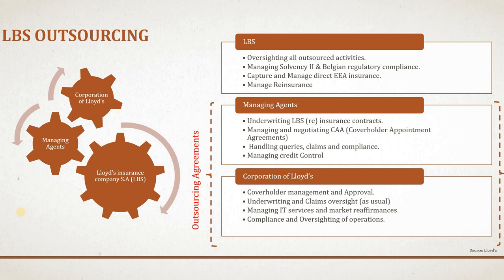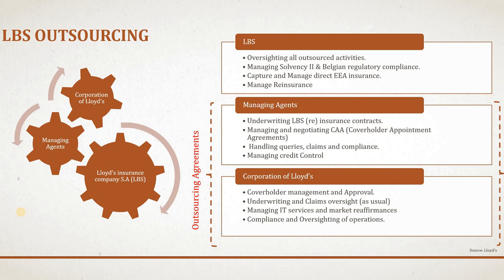The outsourcing agreement will define what activity each party, which means the Corporation of Lloyd's, the managing agent or LBS, will be accountable and responsible for and contractually obliged to do. The managing agent is the central part of the outsourcing agreement, performing some of the key activities.